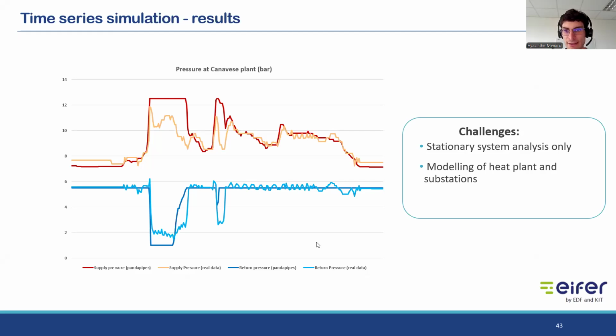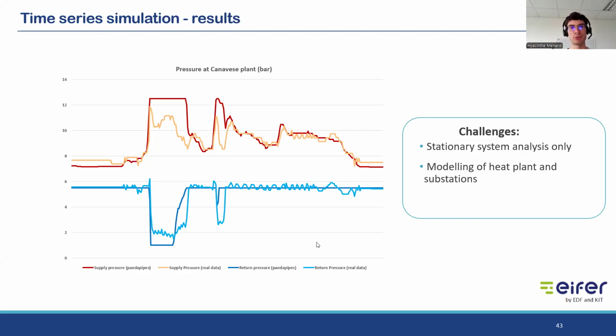And finally, there may be some difficulty in modeling precisely the heat plant and substations. The behavior, for example, of the Canavese heat plant is pretty complex because you have different heat production systems at the same location. The modeling of this system in more detail is actually the point of the pandapower prosumer library.